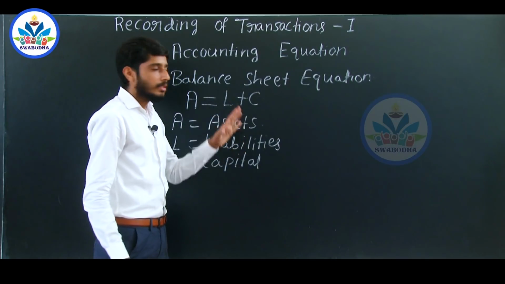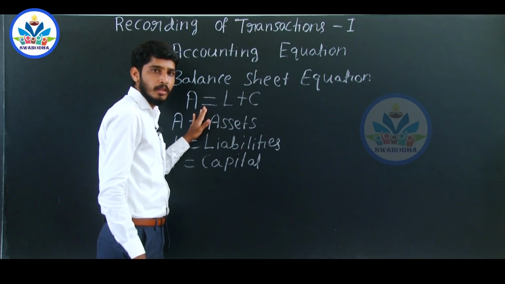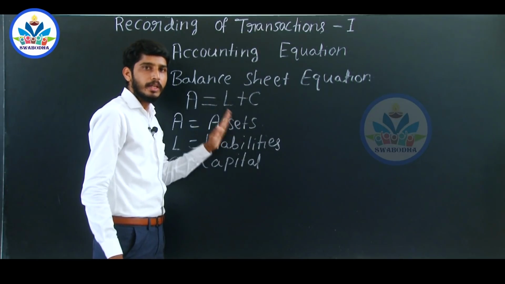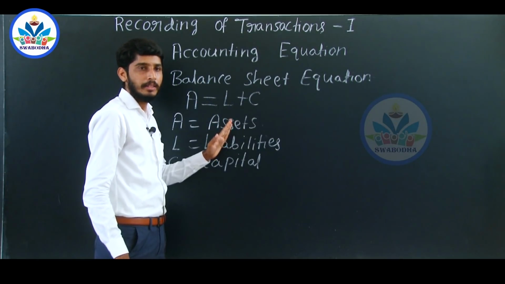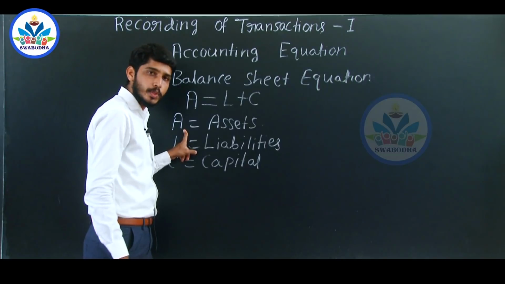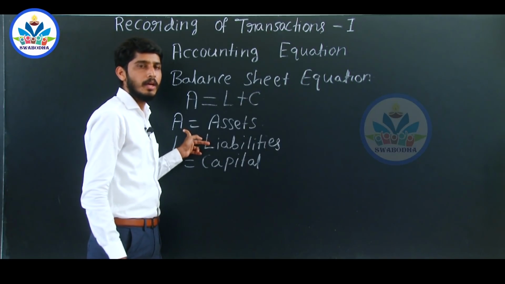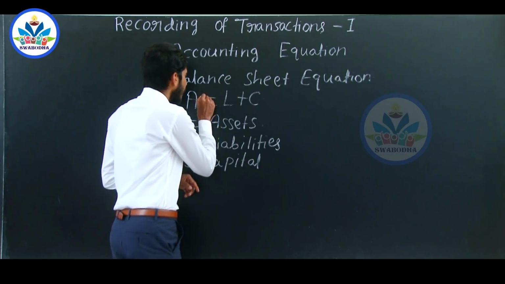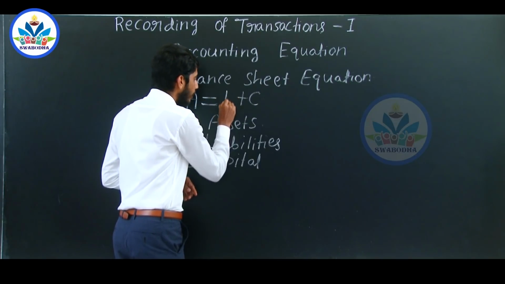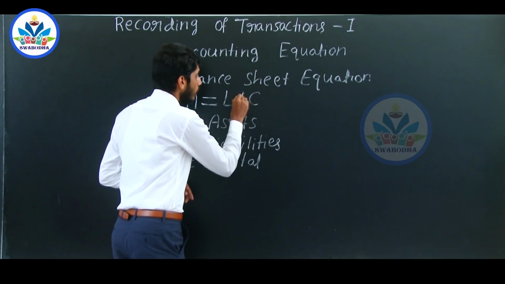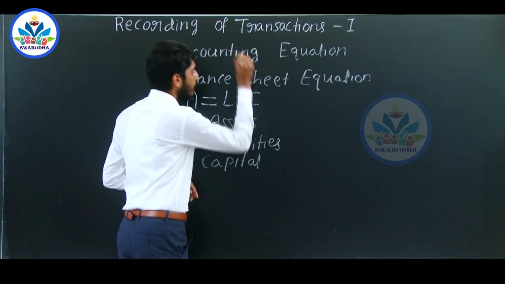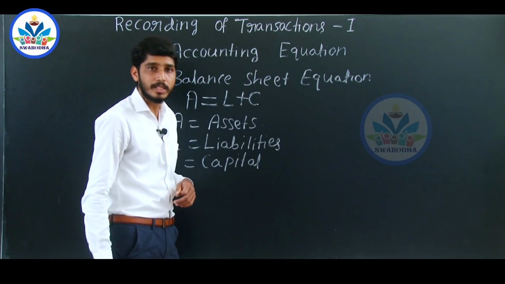So, as per the accounting equation, on a given date, the assets or the resources of the business organization must always be equal to the amount of liabilities plus the amount of capital which is invested by the owners.